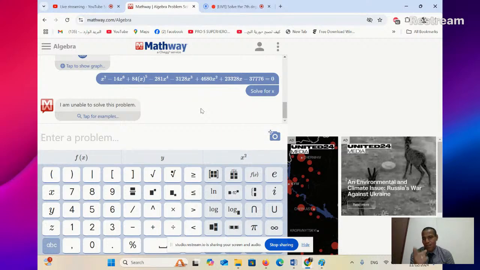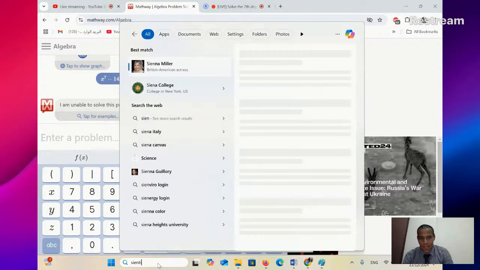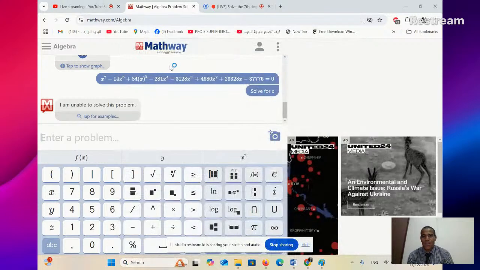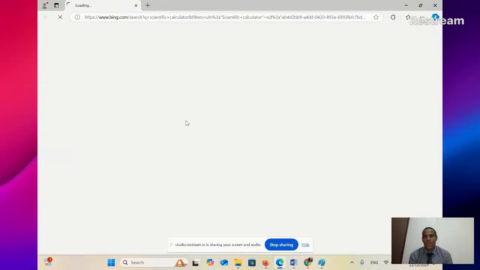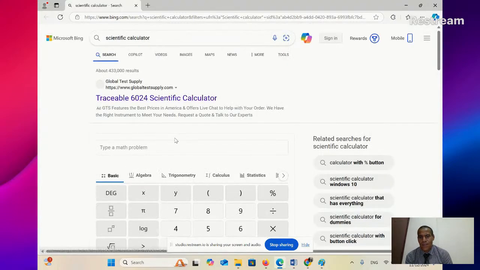As you are unable to solve this problem, look at Mr. Murad Sultan Ezouidi. How can he solve this? Scientific calculation. Calculator. May we use this? This one. Scientific method. I will use this calculator in front of you so that you can see.